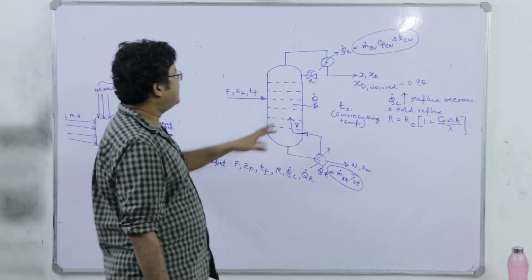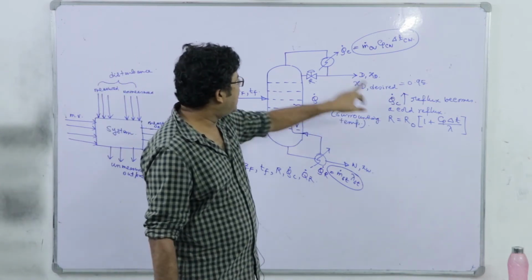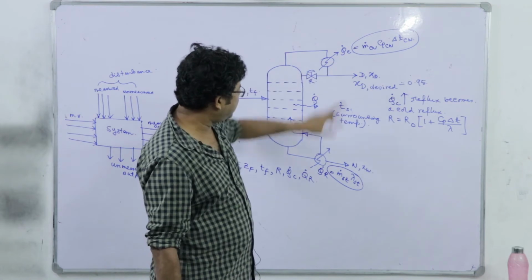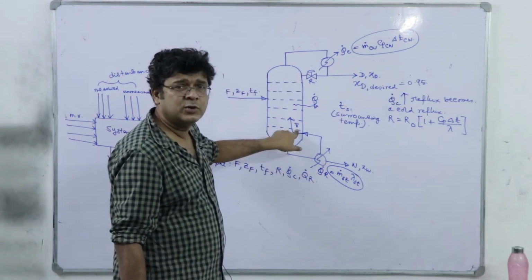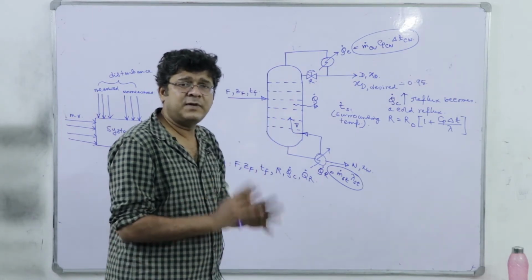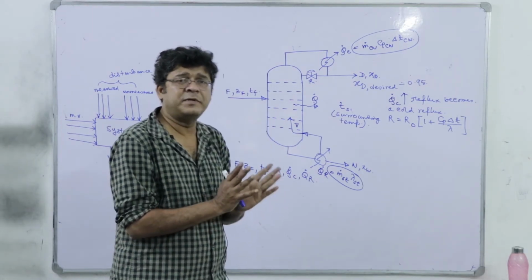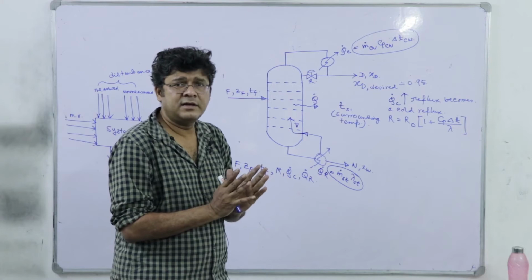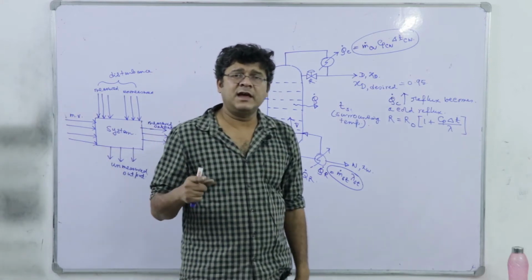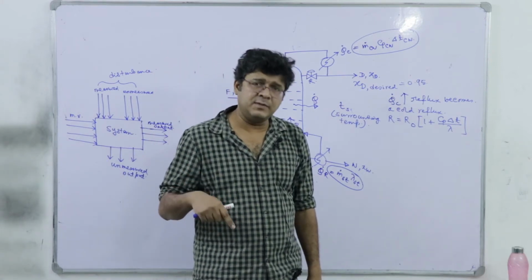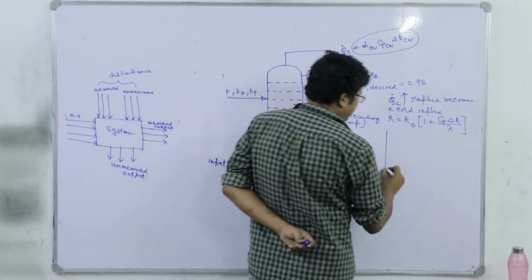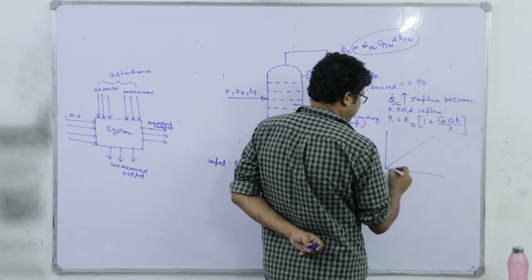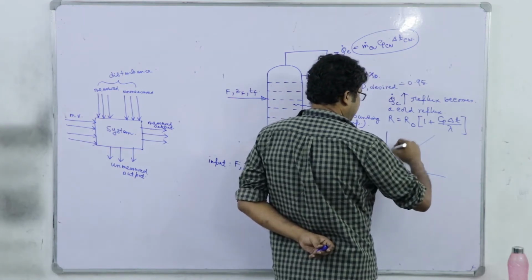So, what I am trying to point out is, if I increase Q dot R, the V bar is going to increase. As V bar increases, the slope decreases, right, because the slope of the operating line for the stripping section is L bar by V bar. As the slope decreases, you see in the design, this is a 45-degree line. I am not drawing the entire thing.